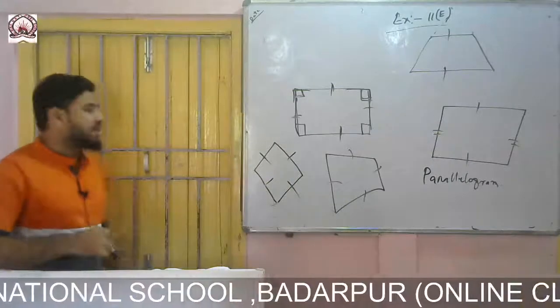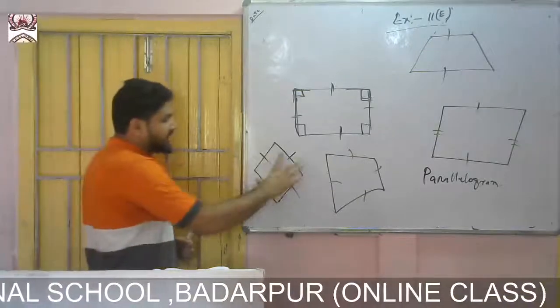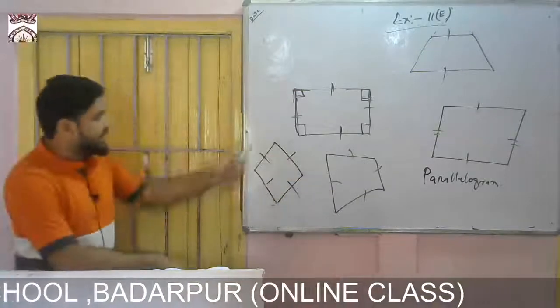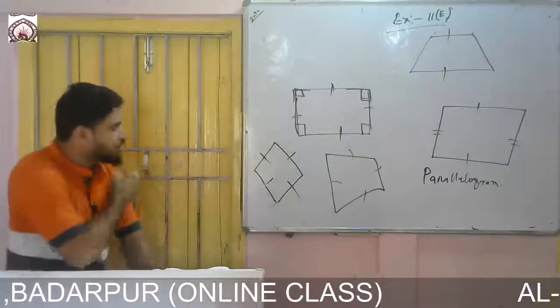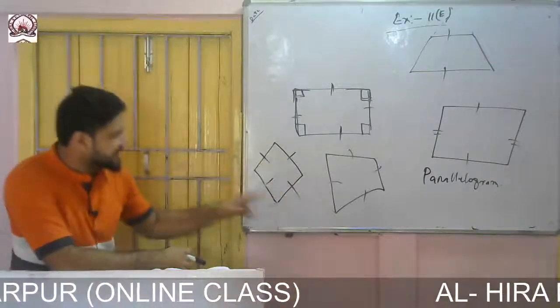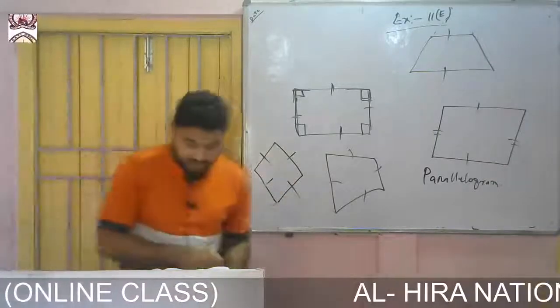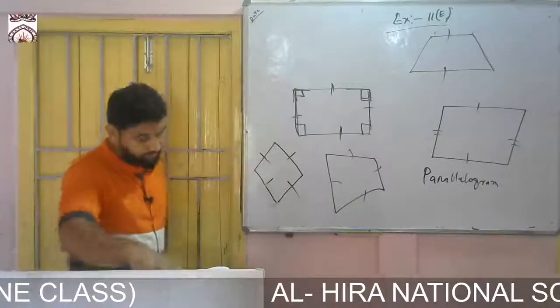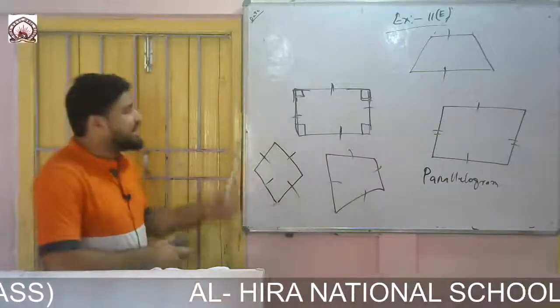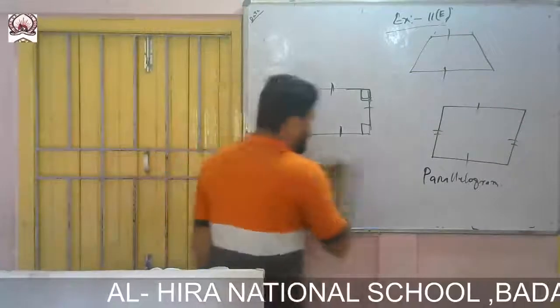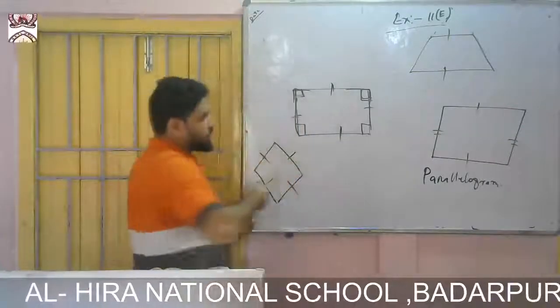And why is it a parallelogram? Because this side is parallel to this side, and this side is parallel to this side. So a rhombus is a parallelogram in which all four sides are equal.